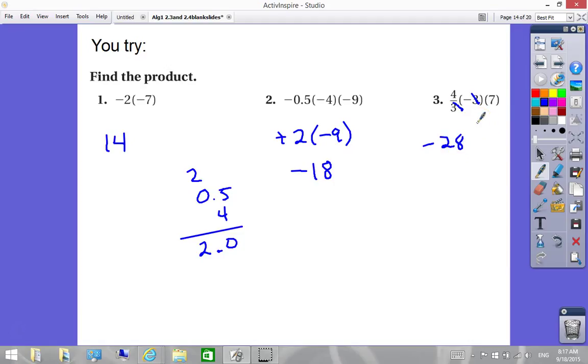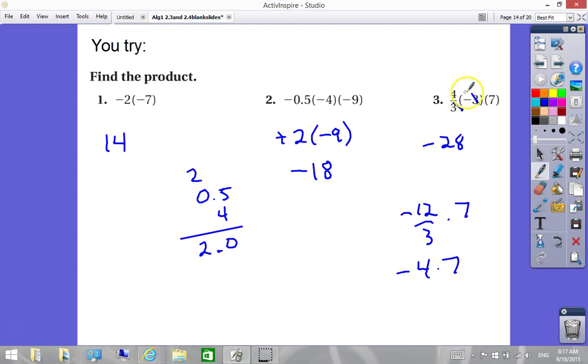Some people multiply to get -12 over 3 times 7, which is not incorrect, but then we're multiplying 12 times 7 to get -84. At the very least, you would simplify 12 over 3 as 4, so it'd be -4 times 7.